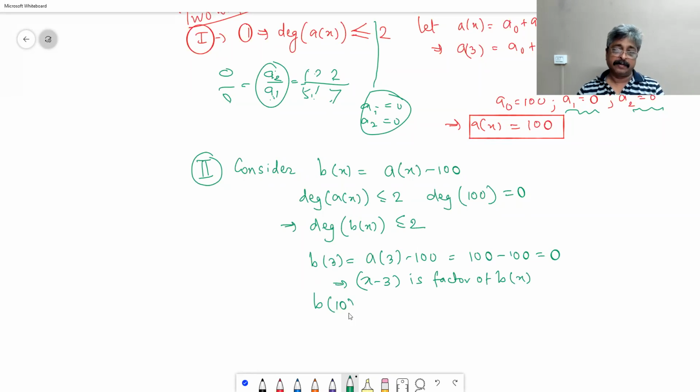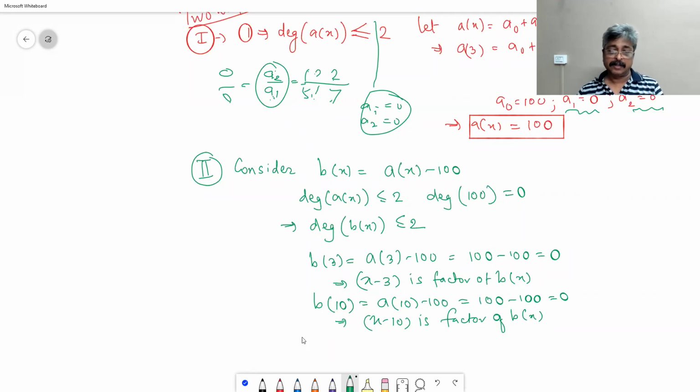B of 10 is equal to a of 10 minus 100 is equal to 100 minus 100 is equal to 0, implies x minus 10 is a factor of b of x.